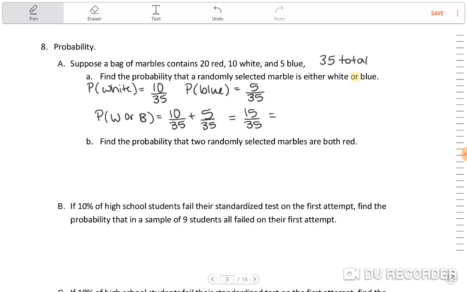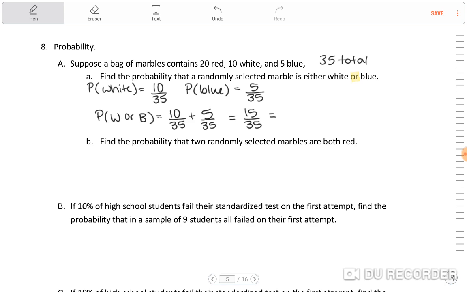I have it as a decimal actually, so I'm going to calculate it real quick as a reduced fraction. I could do this in my head, I don't know why I'm using my calculator right now.